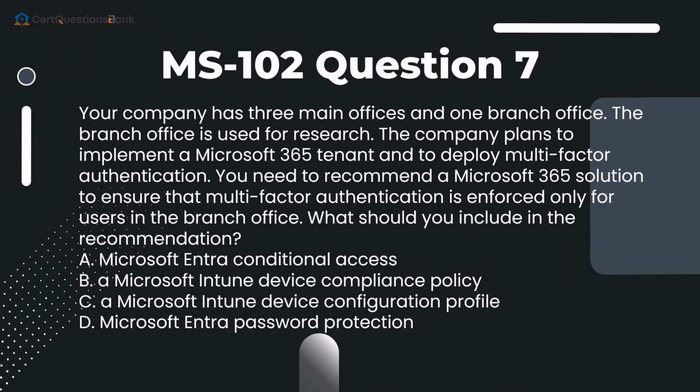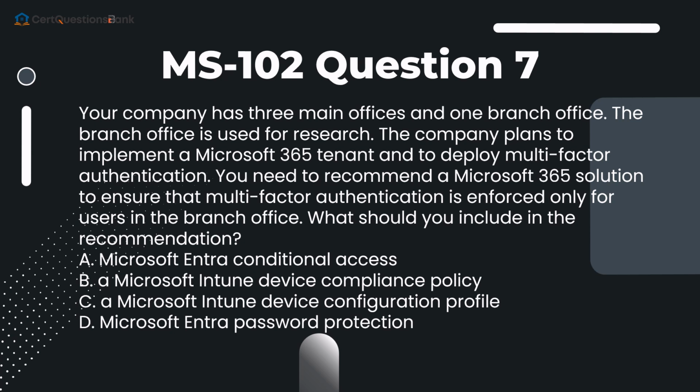Your company has 3 main offices and 1 branch office. The branch office is used for research. The company plans to implement a Microsoft 365 tenant and to deploy multi-factor authentication. You need to recommend a Microsoft 365 solution to ensure that multi-factor authentication is enforced only for users in the branch office.